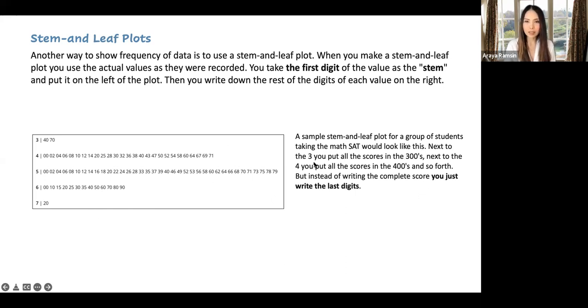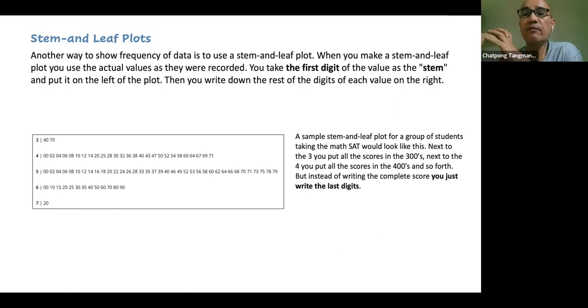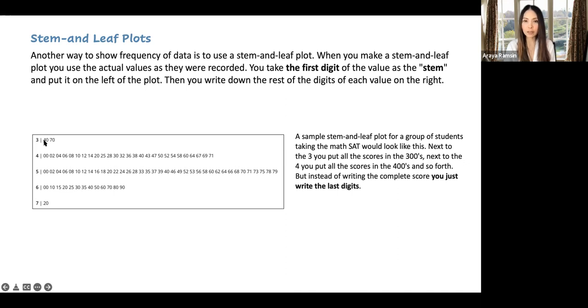Next to the 3, you put all the scores in the 300s. So what is the actual score of this one? Is it actually 40? No, it is 340, because this is the last 2 digits of that score.